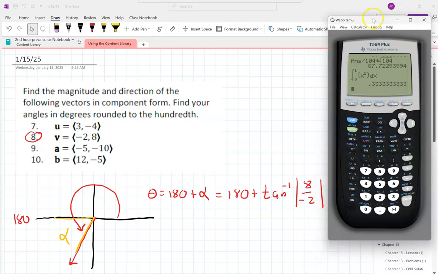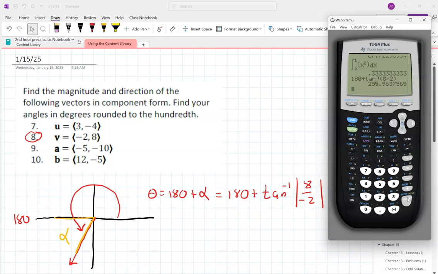Lucy, does that feel good? Yeah. Okay. So the step that you want to make sure that you don't skip is drawing the picture, because I need that to know whether I should be adding or subtracting, and whether I'm using 180 or 360.